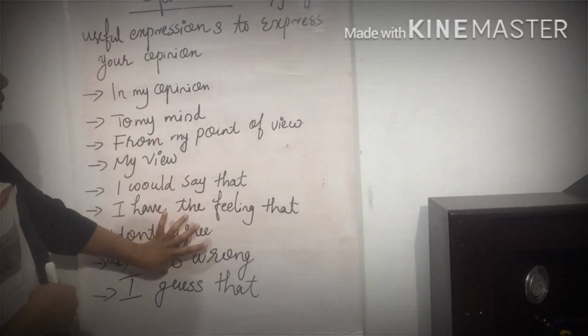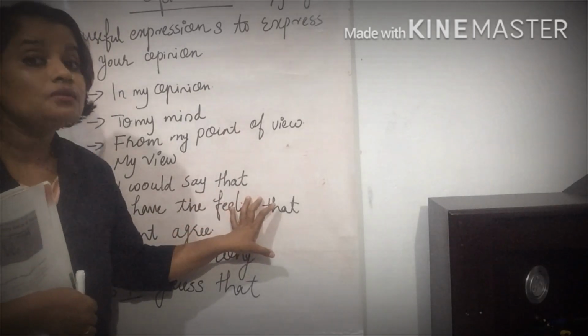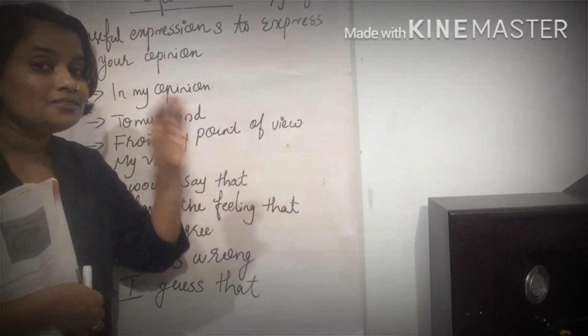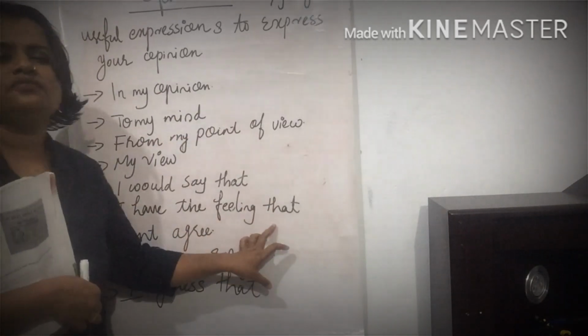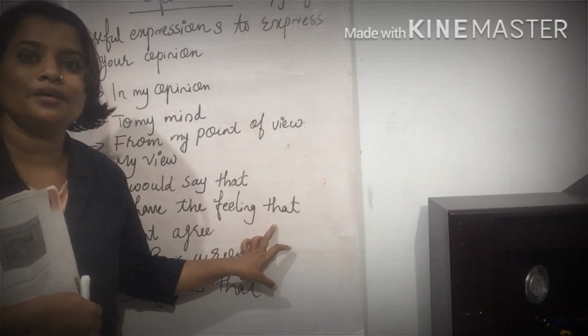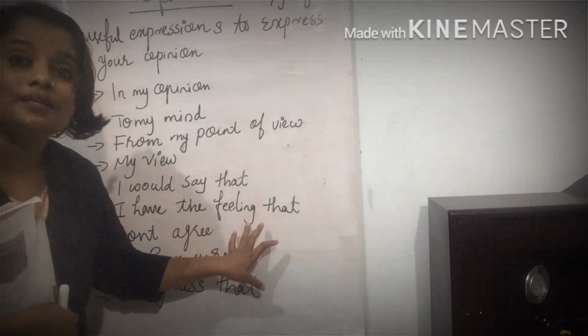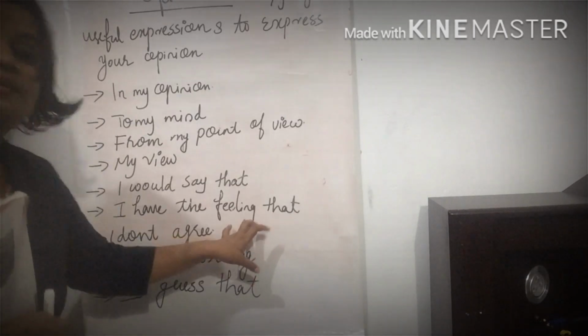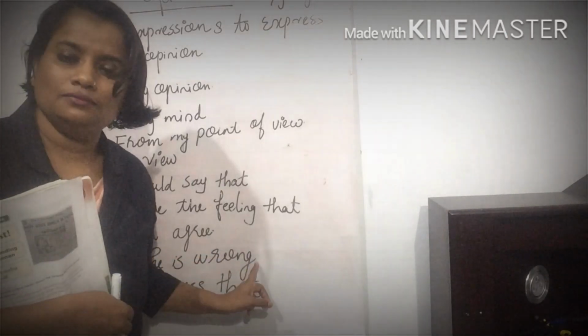Okay, the next one is I would say that. If you want to express anything, you can use a different tone. The next one is I have the feeling that. Whether it is ugly or sad or happiness, you may use this kind of feeling. So it depends upon your mood. Next one is I don't agree.